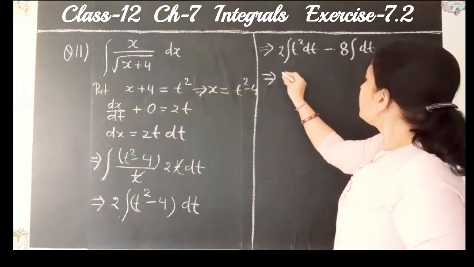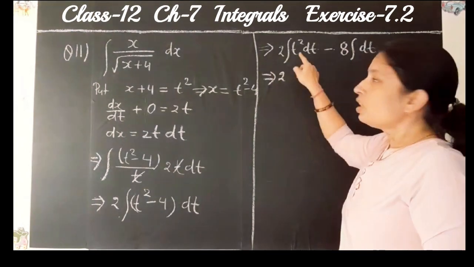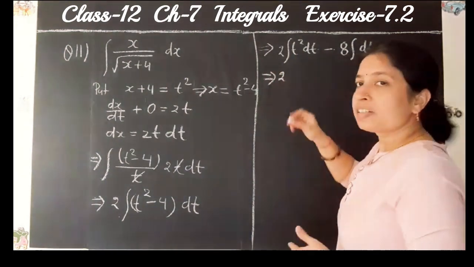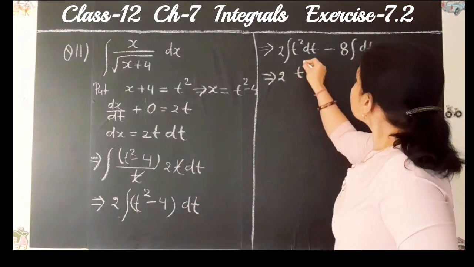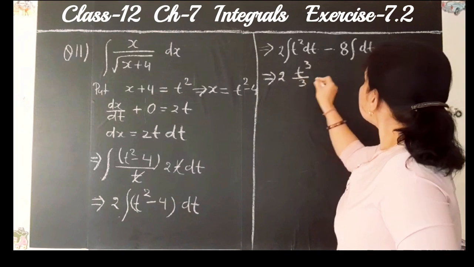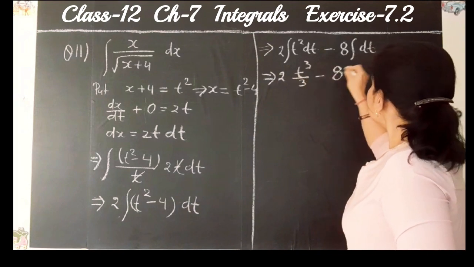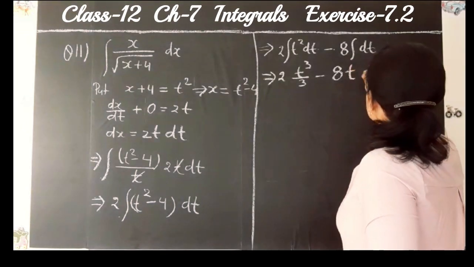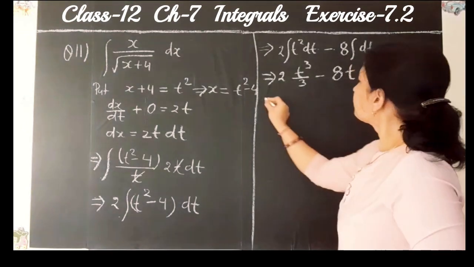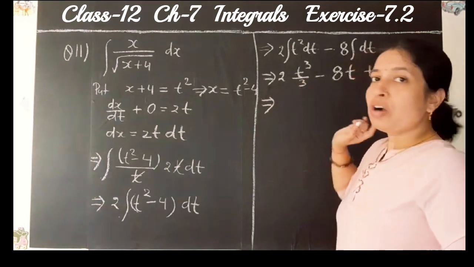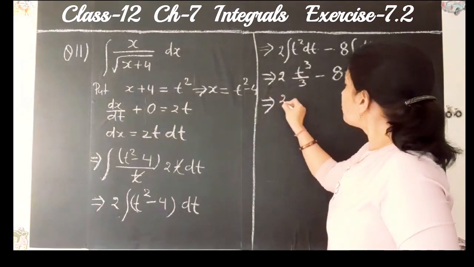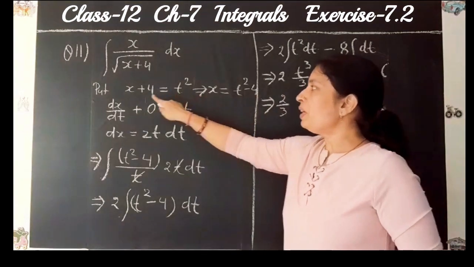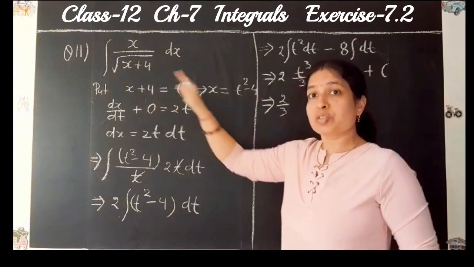So integrate it. It is 2 times the integral of t square, which will be t cube by 3, minus 8 times the integral of 1 dt, which will be t, and write a constant c. Now put the value of t. First write the constant 2 by 3, and from here t will be square root of x plus 4.